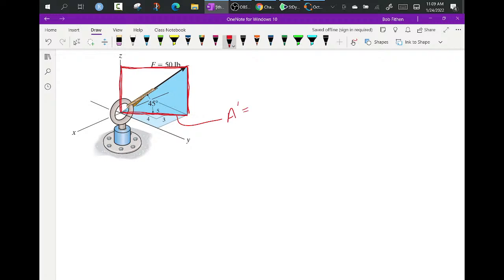It's nothing more than, okay, this is the 50 pounds, and it's a cosine of 45.